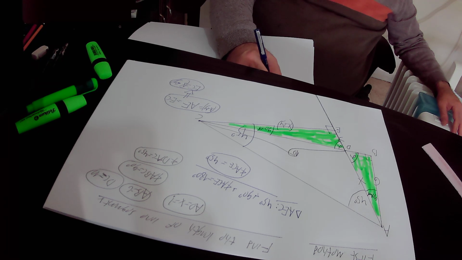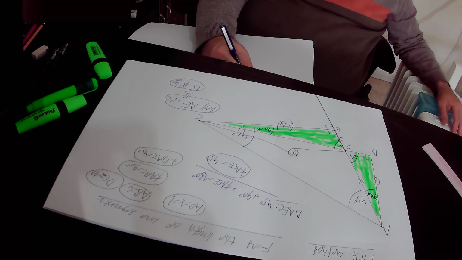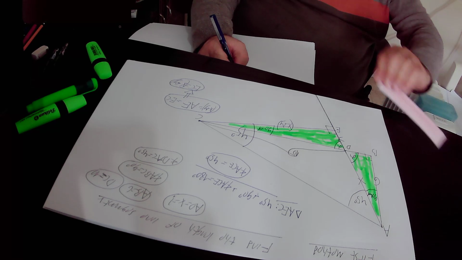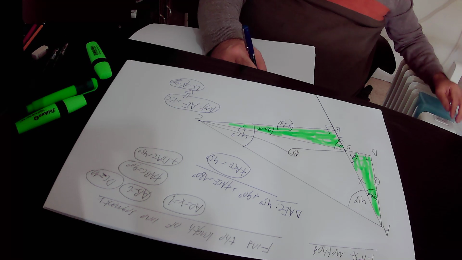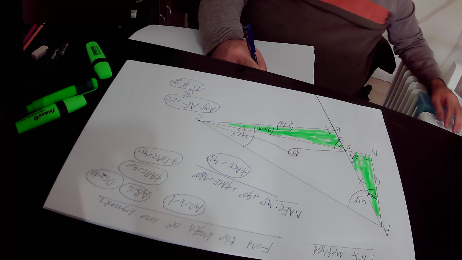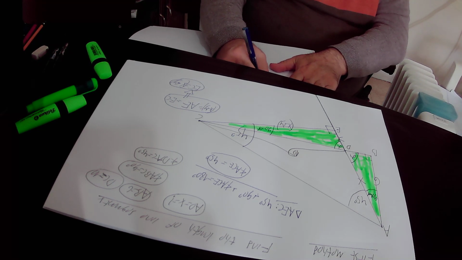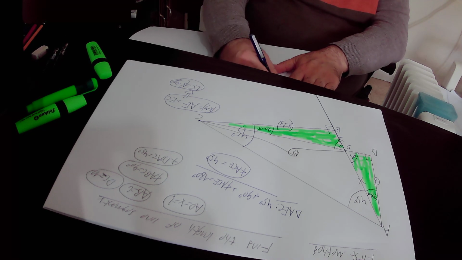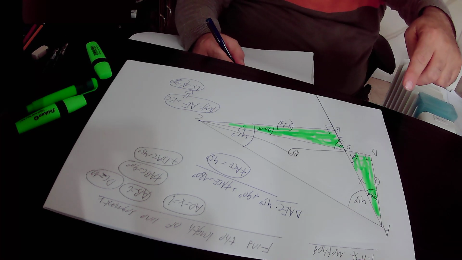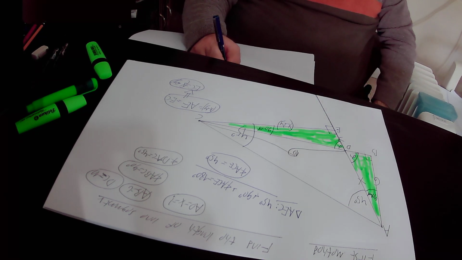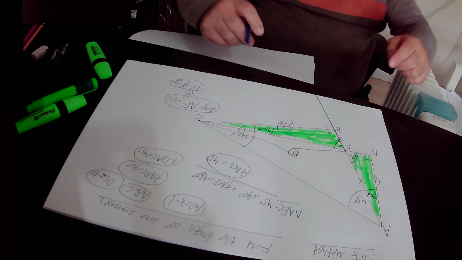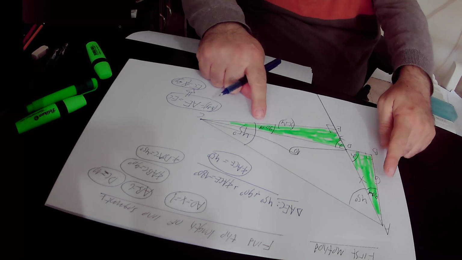In triangles ABD and EDC, the right triangles, we know that angle BAD is equal to this angle, angle ECD, and both of those angles are equal to 90 degrees minus alpha.